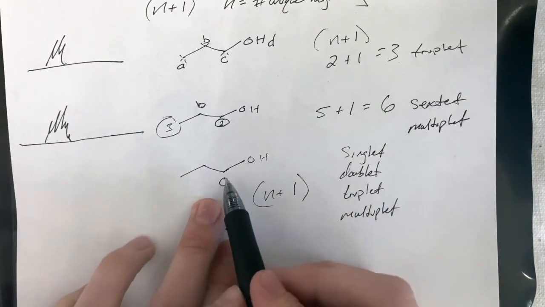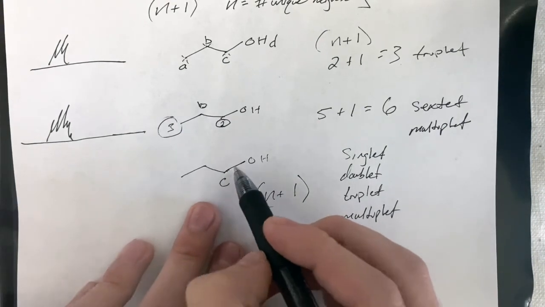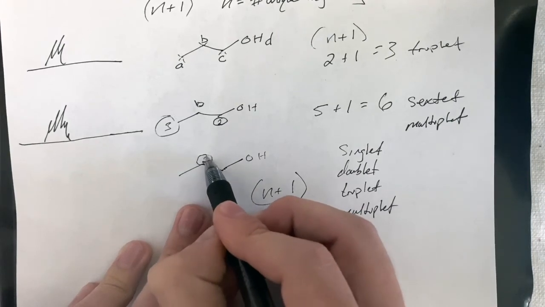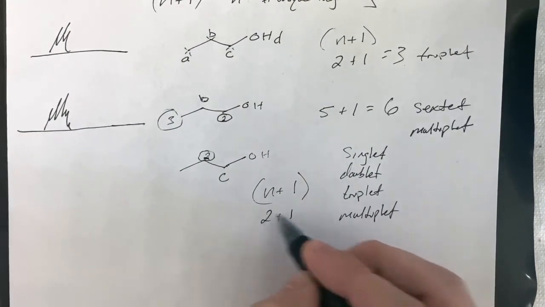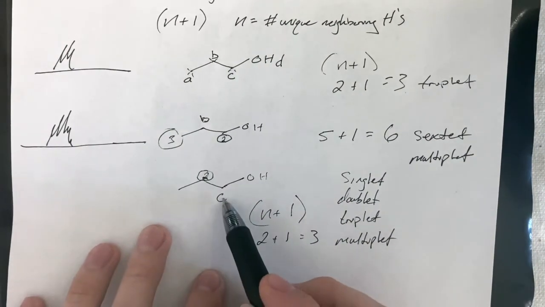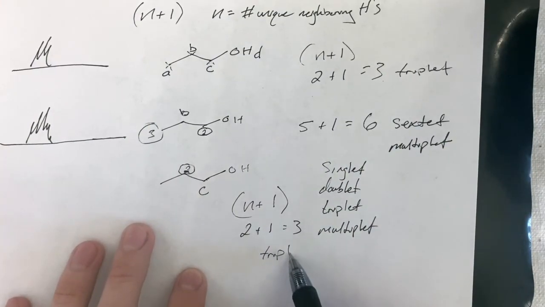So right now, in relation to C, the only neighboring unique hydrogens that we find are here, which is 2 other hydrogens. So 2 plus 1 equals 3. So C and B are both a triplet.